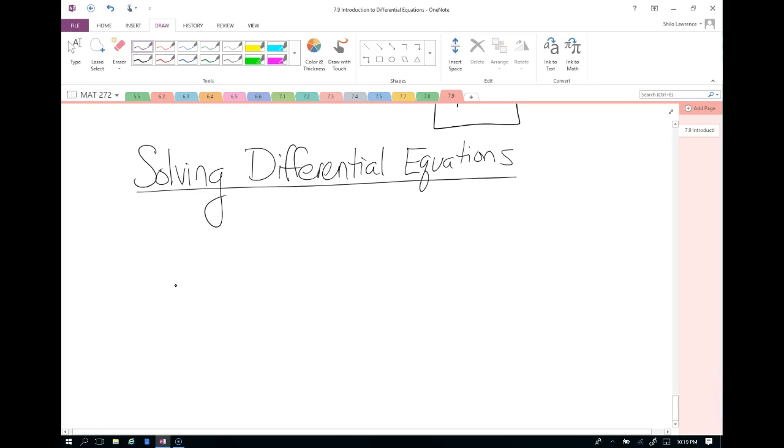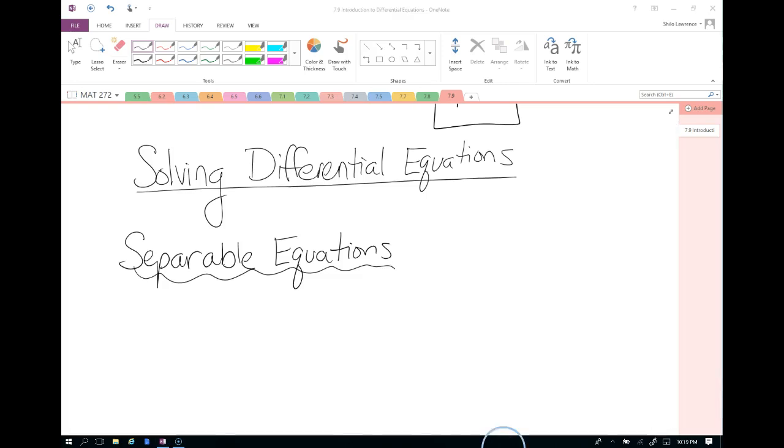They do not have to be linear. They can be, but they don't have to be. They're typically order 1. And we can solve these equations with math that we already know. So we really don't have to learn any new calculus in order to do this.